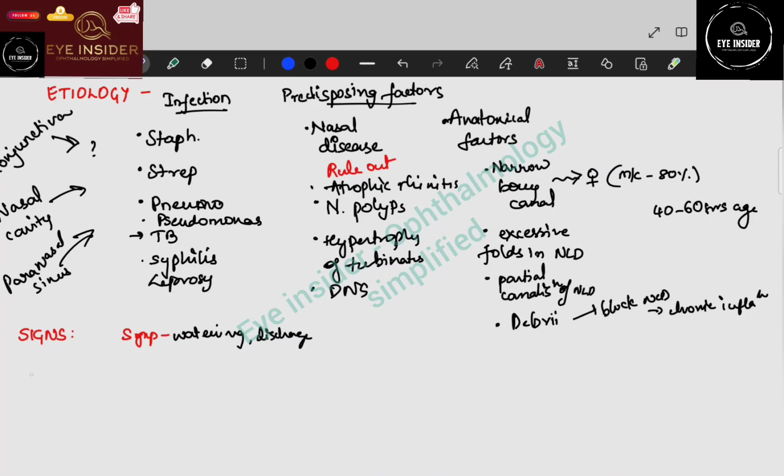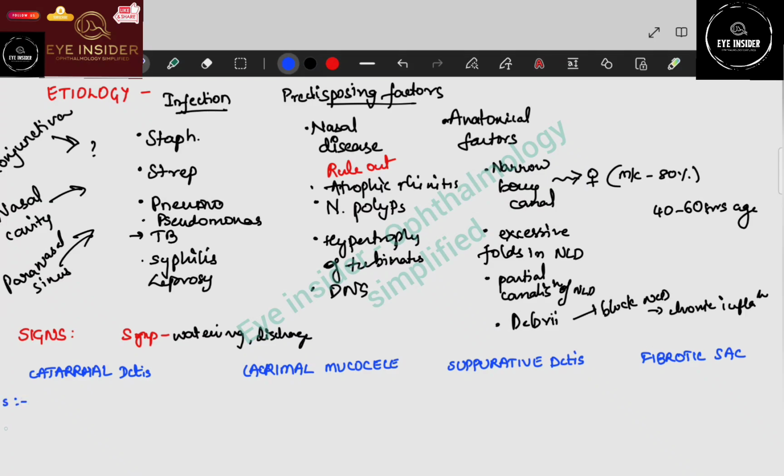The first is the stage of catarrhal dacryocystitis, then the stage of lacrimal mucocele, then the stage of suppurative dacryocystitis, and finally the fibrotic sac. To differentiate these, based on the symptoms, syringing and dacryocystography, we can find in which stage the patient is.